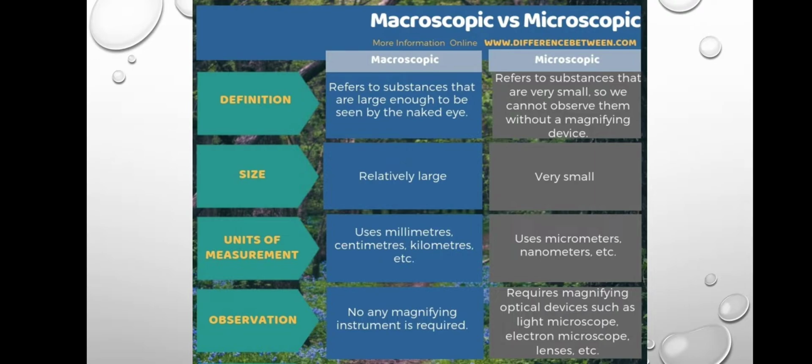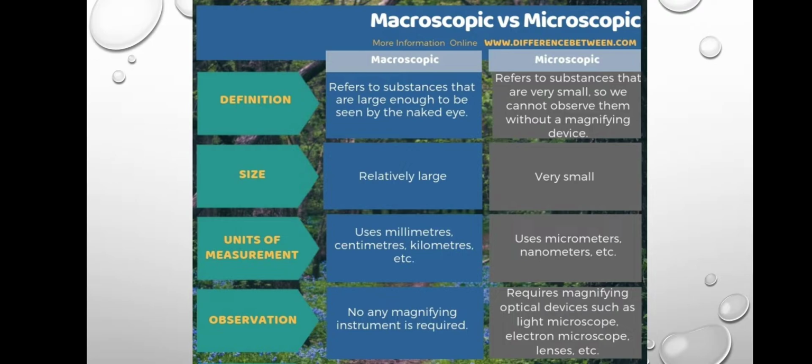Macroscopic refers to substances that are large enough to be seen by the naked eye, whereas microscopic refers to substances that are very small, so we cannot observe them without a magnifying device. So all small substances are called microscopic substances. Macroscopic means the size is very large, but microscopic means the size is very small.